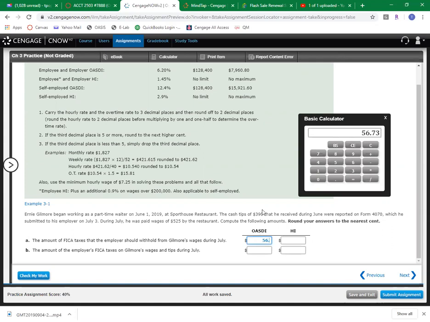That would be $56.73, both on taxes withheld from his employee paycheck and the amount that the employer is going to pay. And then same with the Medicare, we would take 915 times 1.45%. Rounded, it should be $13.27.